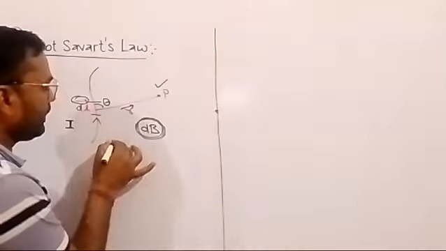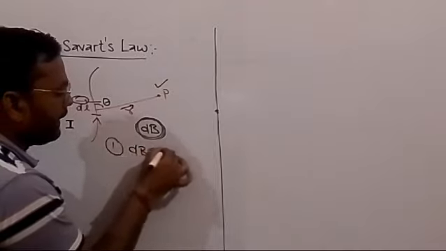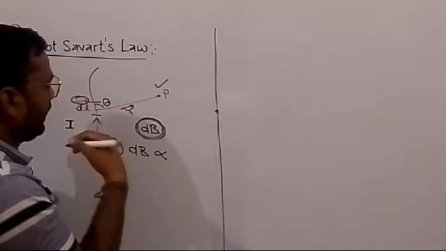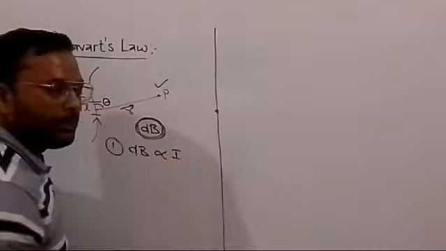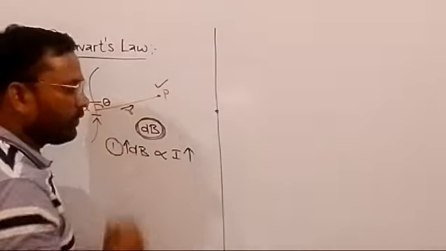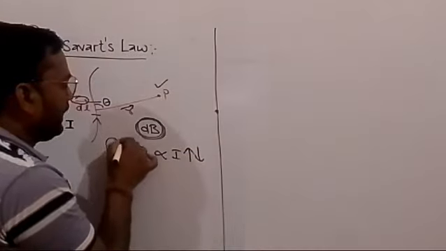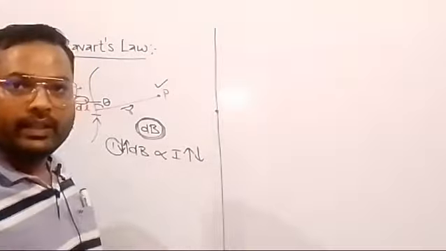This dB depends on the following things. dB is directly proportional to I, which means the greater the current, the greater the magnetic field, and the lesser the current, the lesser the magnetic field.